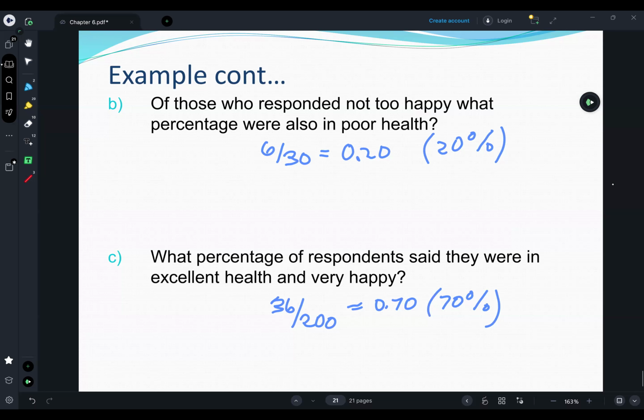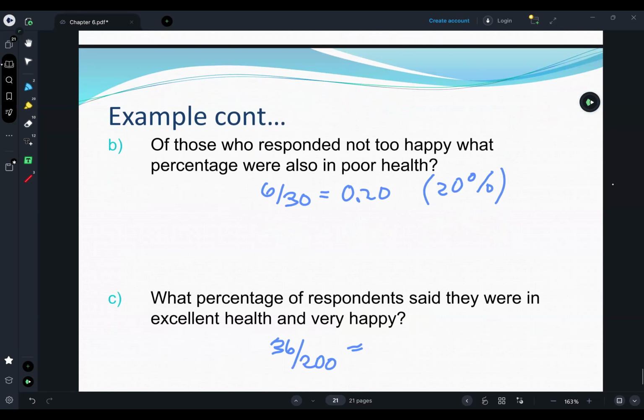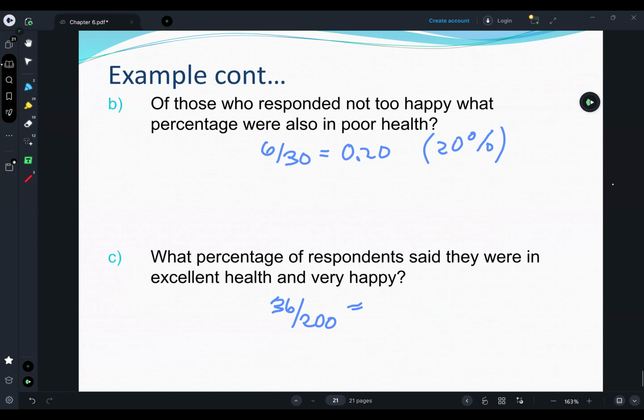Anybody disagree? 70%? I don't get that. I get different. This is a different question. 18, right? Thank you.